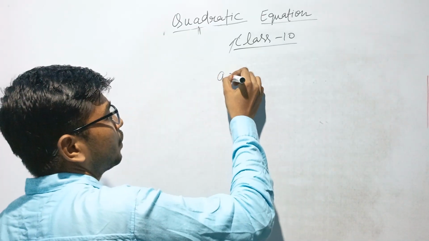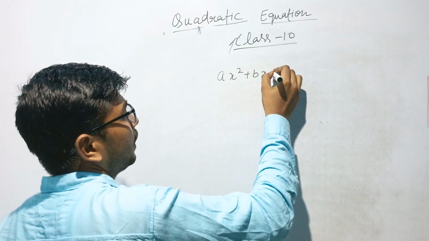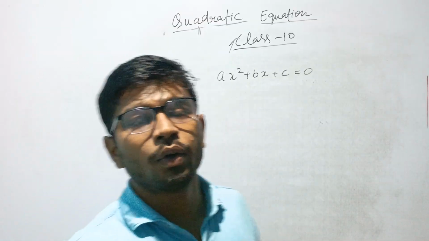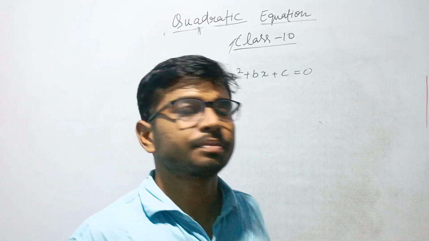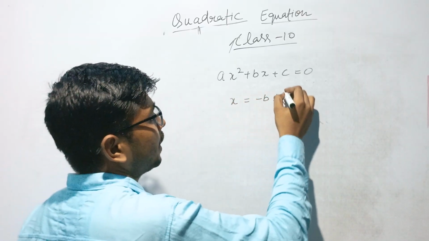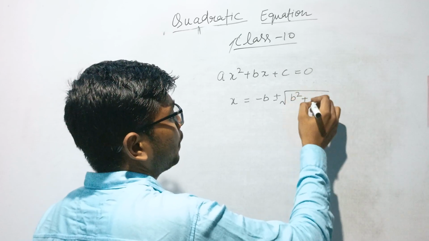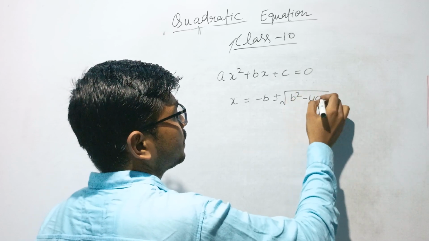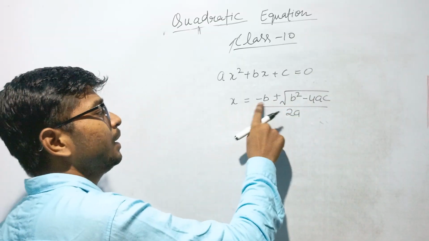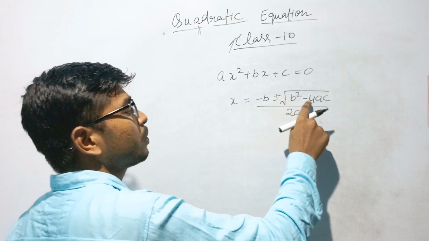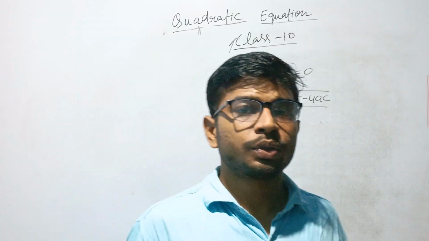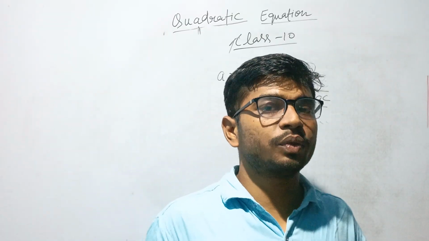If any standard quadratic equation is given, ax square plus bx plus c is equal to 0, and you want to find the value of x, the formula will be x is equal to minus b plus minus under root b square minus 4ac upon 2a, right?